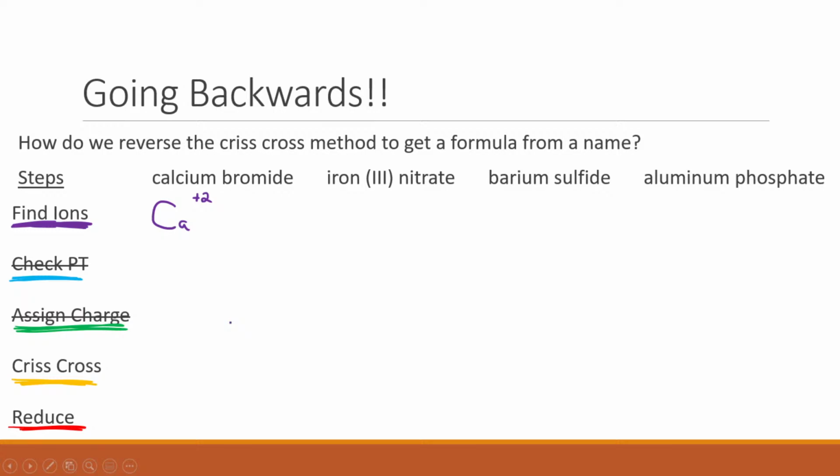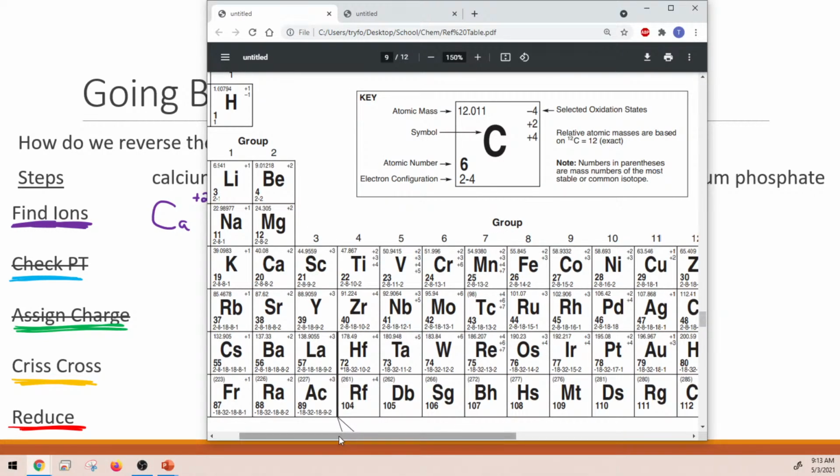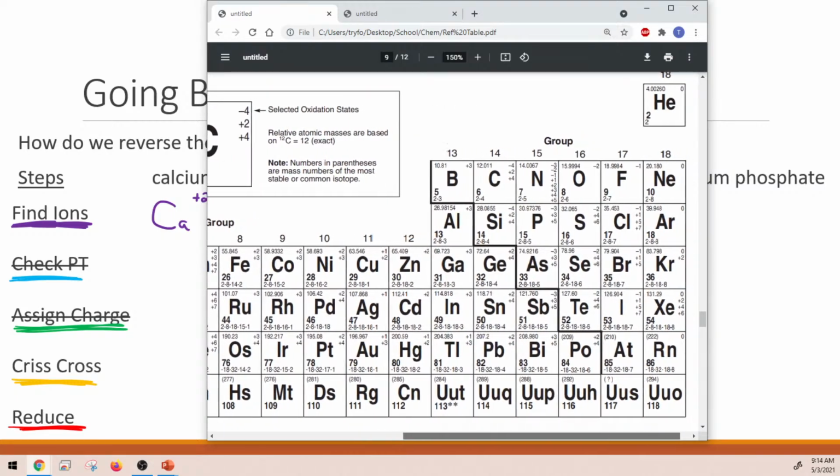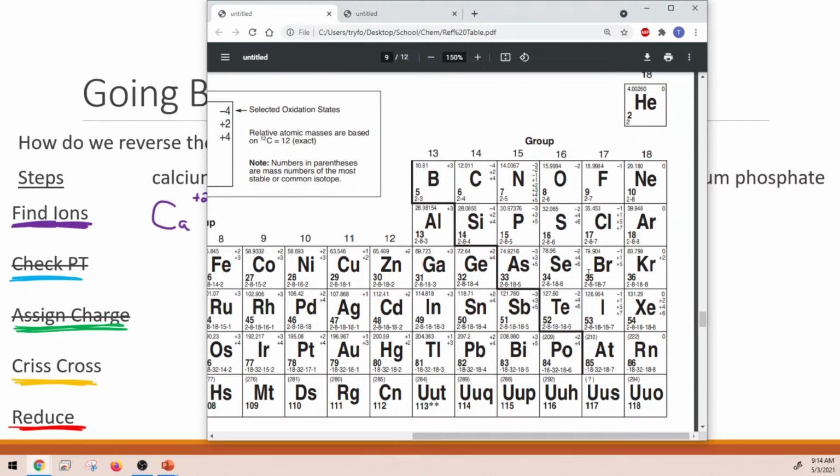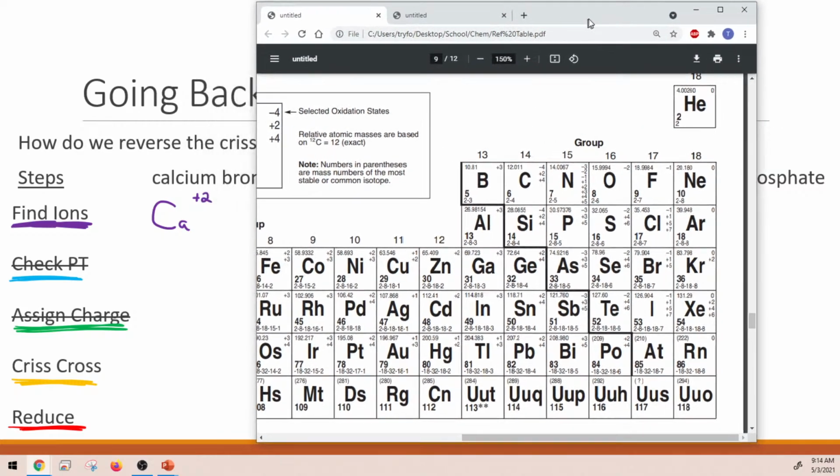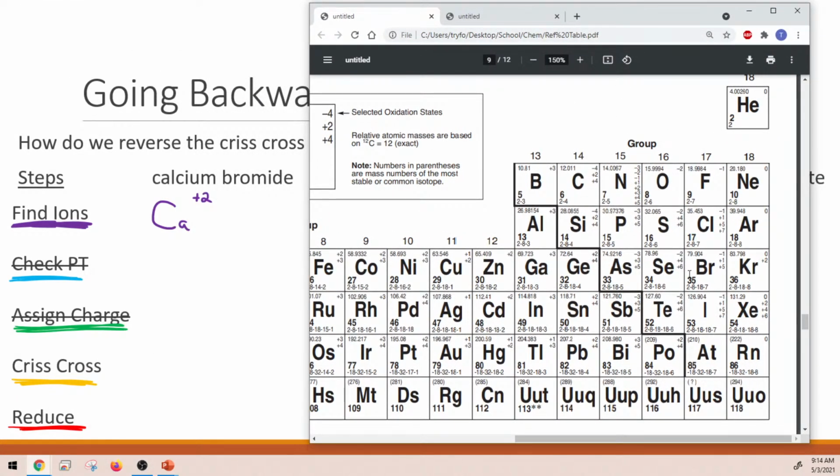What about bromide, which comes from bromine? So let's find bromine. All the way over here, bromine has a -1, a +1, and a +5. How am I ever going to choose the correct one of these 3 things?